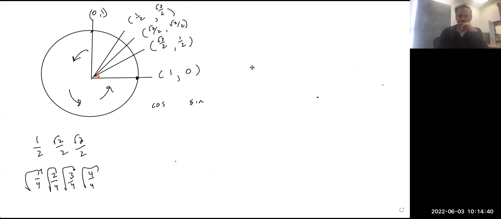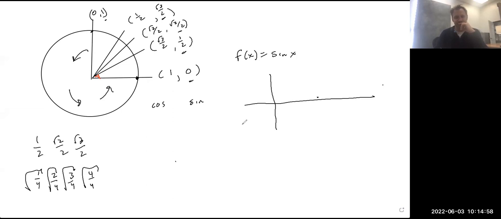So if we're looking at a function f of x equals sine x, we can use the unit circle to help us think about it. So we're looking at the y values of my unit circle. Those are the sine values. And the inputs here are radians typically. Always think in terms of radians when we're talking about functions.